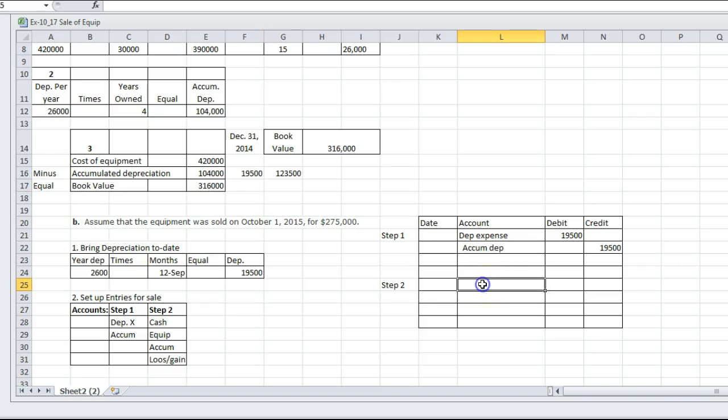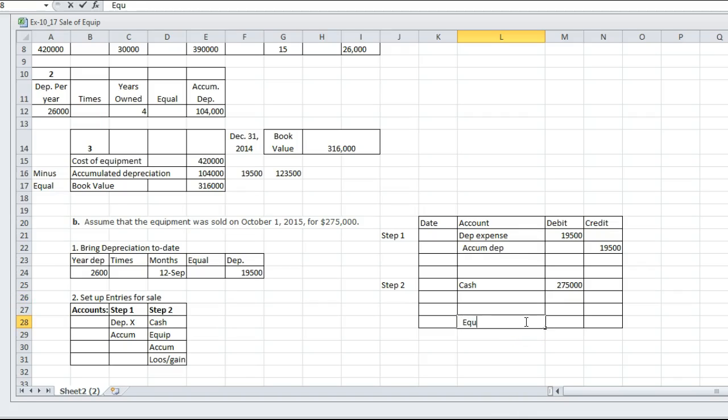Now, keep that number in mind, because now we're going to sell this piece of equipment. First of all, we're going to sell it for $275,000. So I know I'm getting cash for $275,000, and that's a debit, right? Now, I need to take everything off the books that belongs to that piece of equipment.